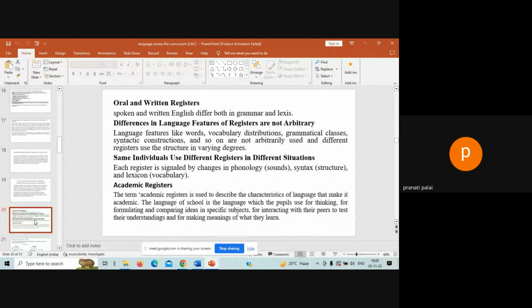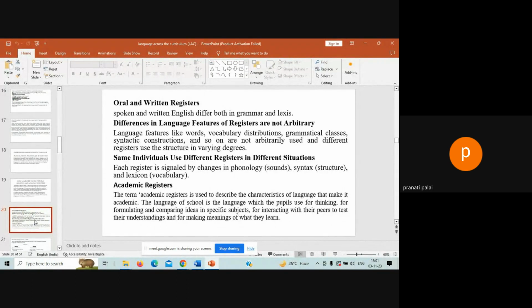So the use of language is not arbitrary. It is used for a particular purpose or in a particular style. It is arranged systematically. The same individuals use different registers in different situations. If the situation is different, then the language or the register will also be different.